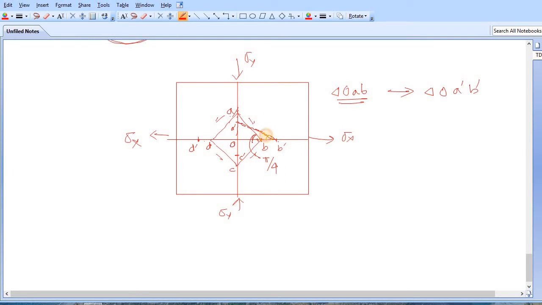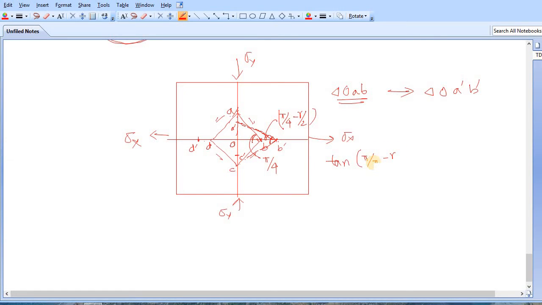Now what is this angle? It has been reduced, and the angle is pi by 4 minus gamma by 2, because the total change in angle is your gamma.